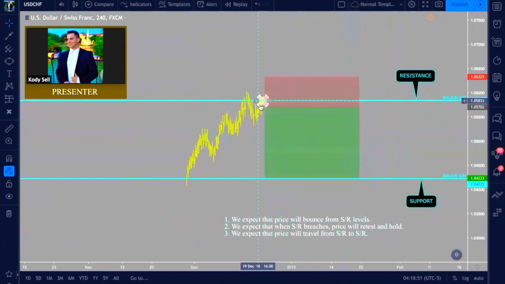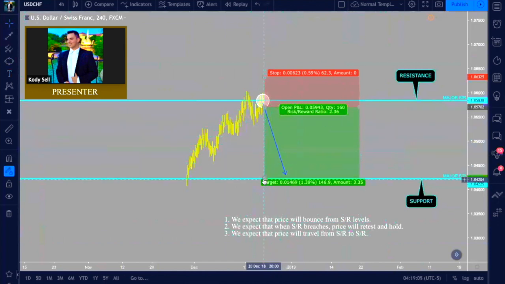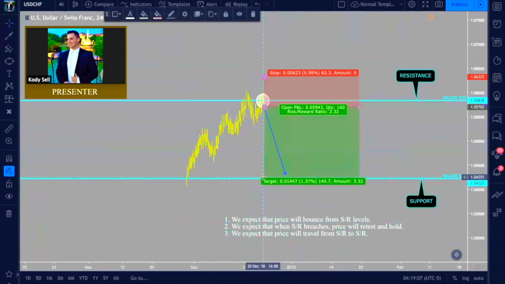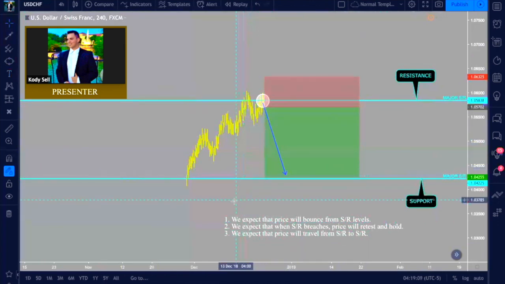So if we're holding underneath this level and we're going to bounce, where can we bounce to? Right back down here to our next support level. So it would only make sense to enter a sell trade off of our resistance and look to get out of the trade, take our profits at the next major support level, at our next S&R level.